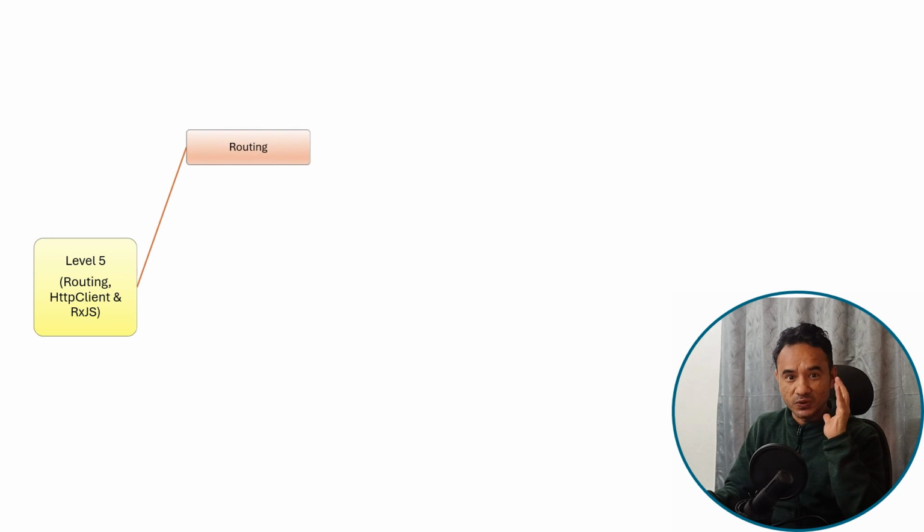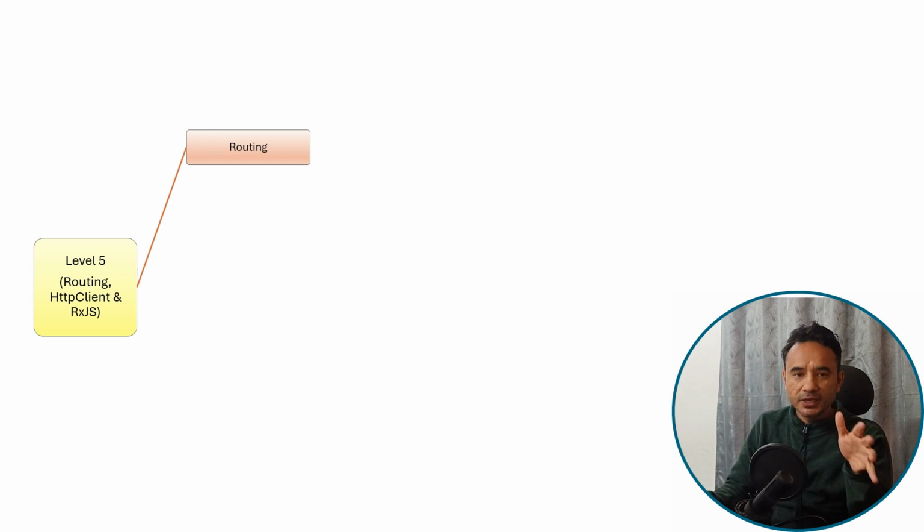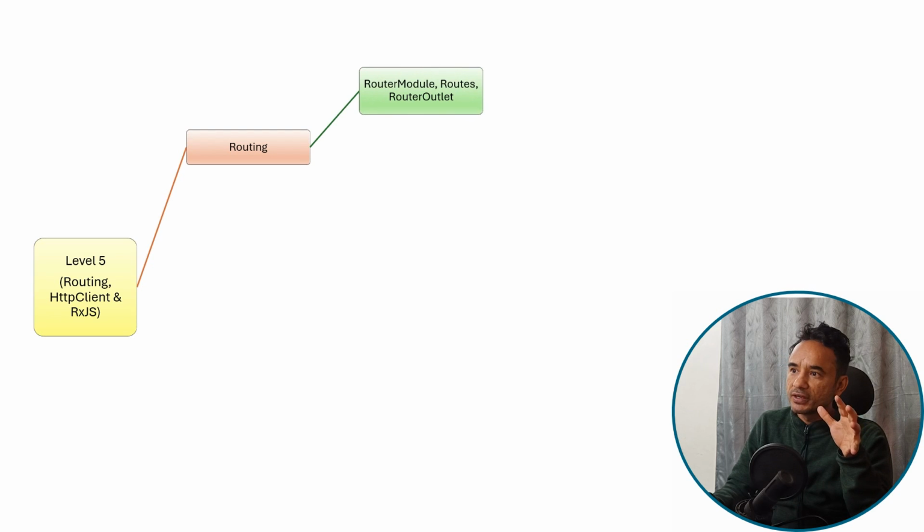First is routing. Routing is crucial for building single page applications. Here you will learn how to configure the router module, routes and router outlet to set up the routing for your components.